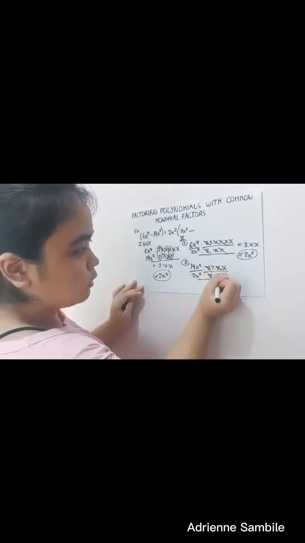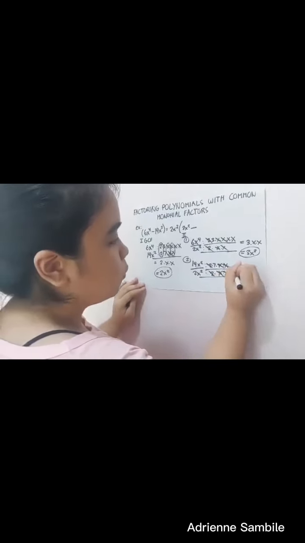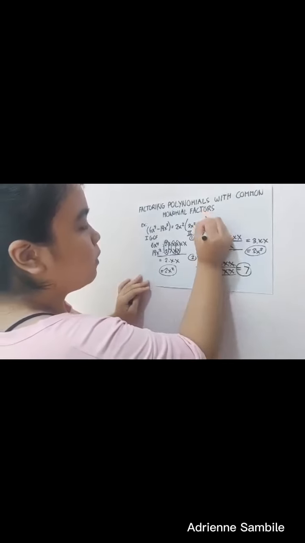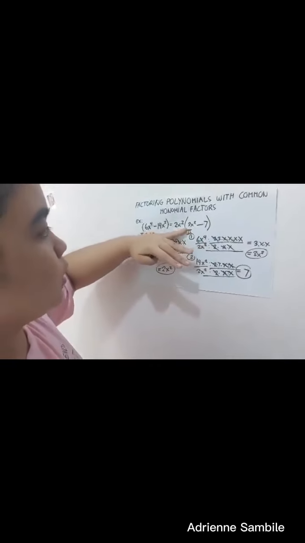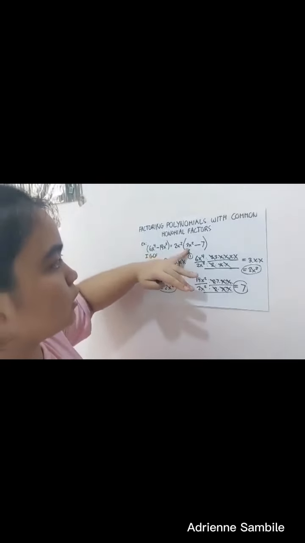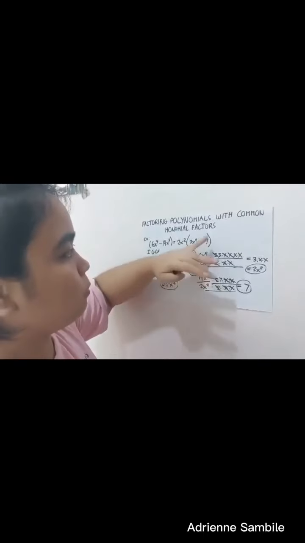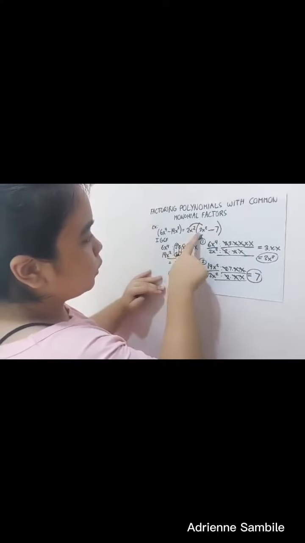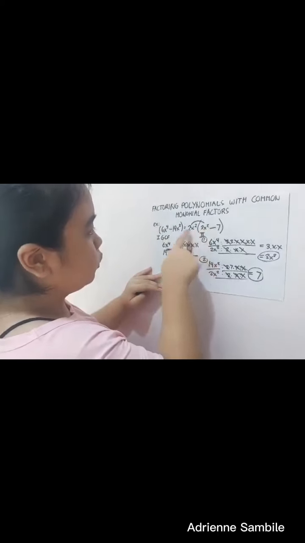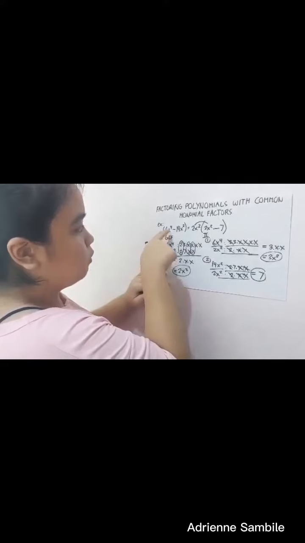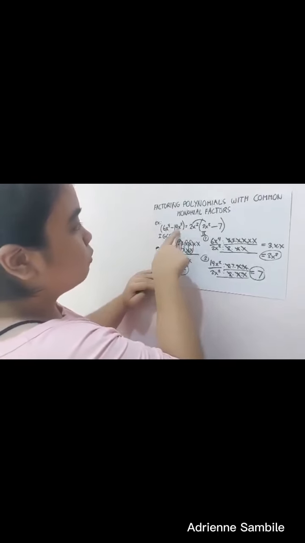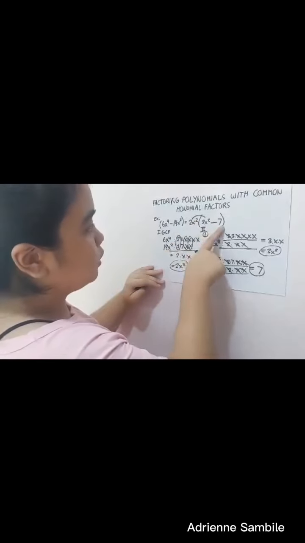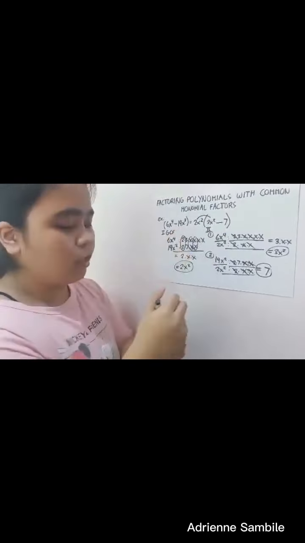Cancel. So, what is left for us is 7. So, that is our answer. So, our answer is 2x squared parenthesis 3x squared minus 7 parenthesis because 2x squared times 3x squared equals 6x raised to 4. And 2x squared times 7 equals 14x squared.